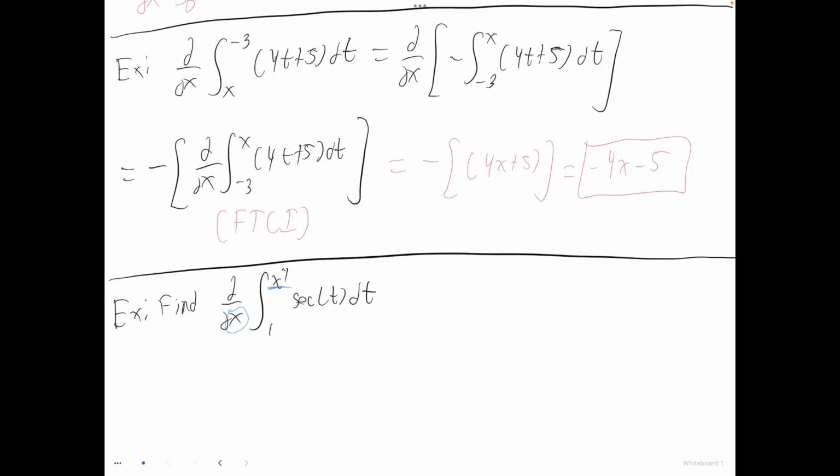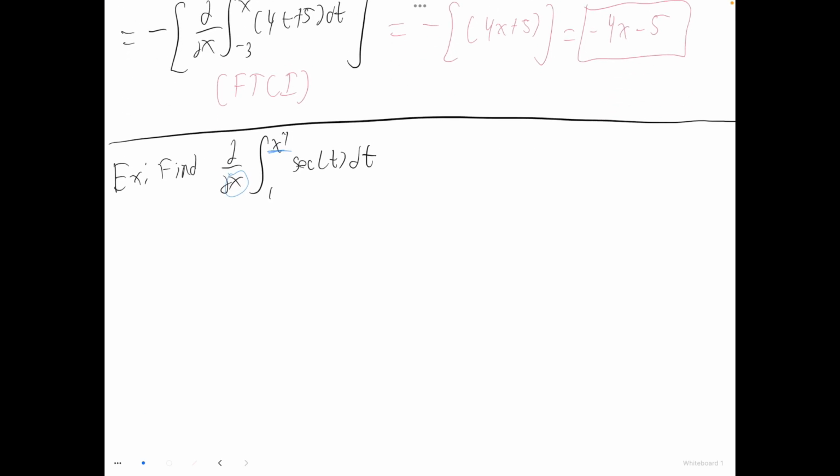And so what we're going to do here is we're actually going to do a chain rule. So we're going to think of this as a composition of functions. And so here, our outer function is the integral from 1 to x of secant of t dt. And our inner function, which I'll write as g of x, is x to the 4th.